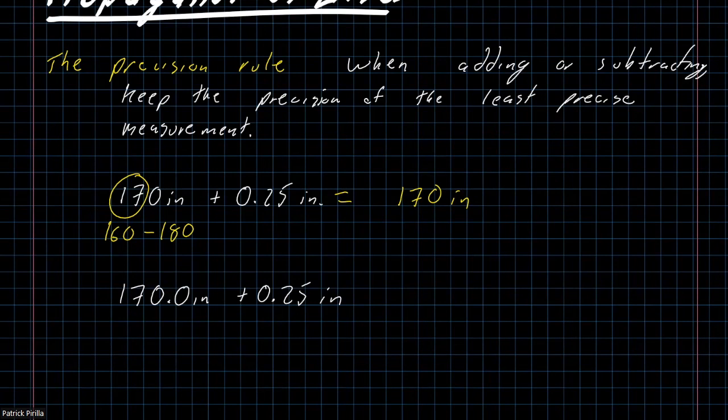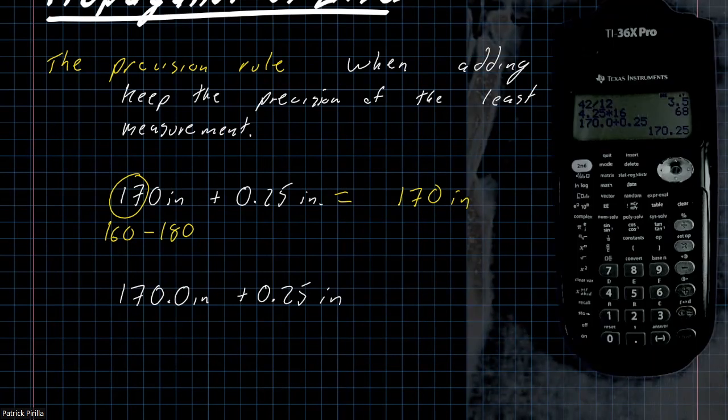And so when I add these values together, that quarter of an inch has an impact. Sure, my calculator tells me that when I perform this calculation, I get 170.25 inches. But that's still more precise than I really have.